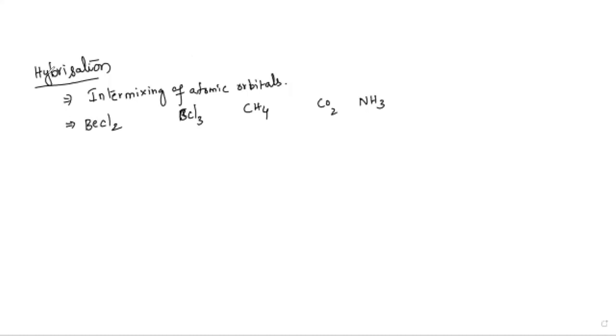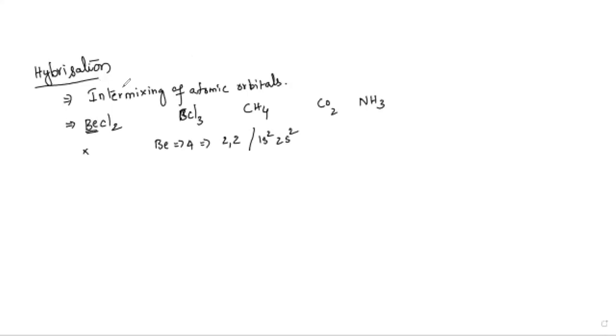Just to take the first example, which is BeCl2. In this, beryllium is the central atom. Atomic number for beryllium is 4, so electronic configuration 2, 2 or 1s2, 2s2. We can write electronic configuration in any way.